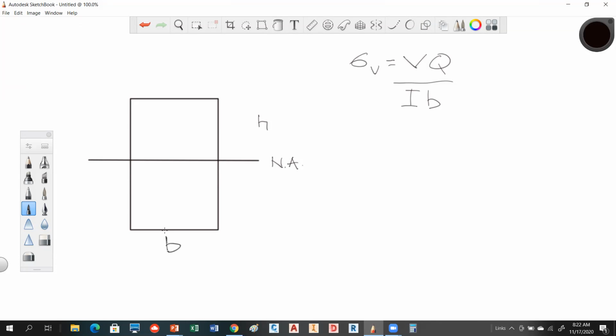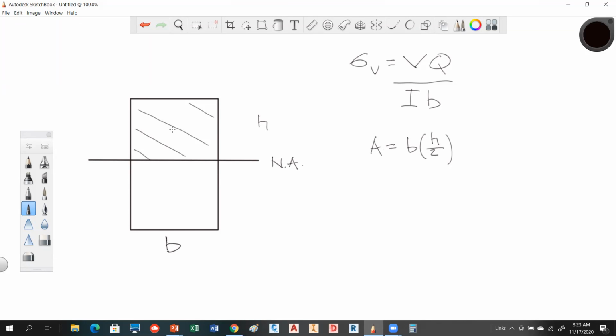Okay. So Q, usually you're going to be looking at the total area here. If I'm looking at this area right here, Q is basically going to be this area, that cross-hatched area. The area of that is going to be base times h over 2. Does everybody see that? It would be this base times h over 2, because this h is the total.